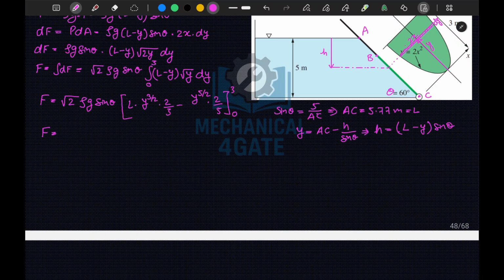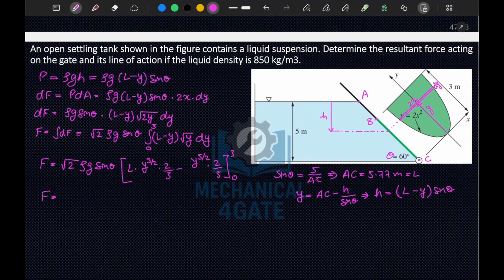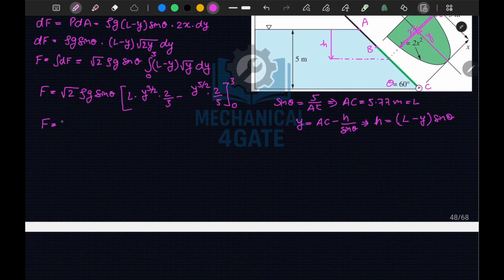This comes out to be 13.75. Now let's multiply it by root 2 and sine 60, into rho g, where g is 9.81 and rho is given as 850 kg per meter cube. So your F is equal to 140.45 kilo Newton.